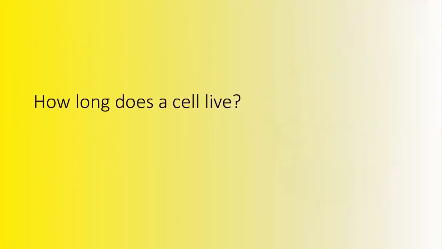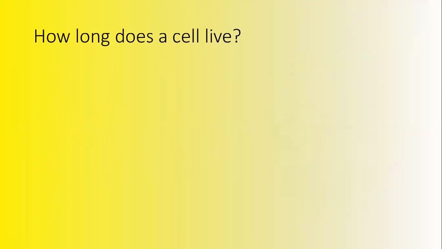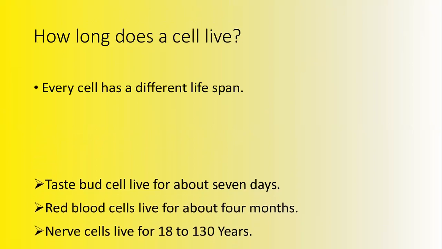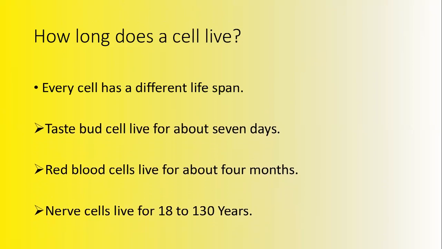How long does a cell live? Lifespan of a cell. It ranges from 18 years to 130 years. Every cell has a different lifespan. Taste bud cells live for about 7 days. Red blood cells live for about 4 months.